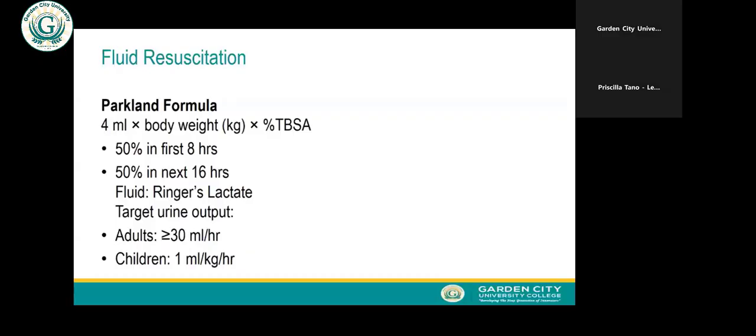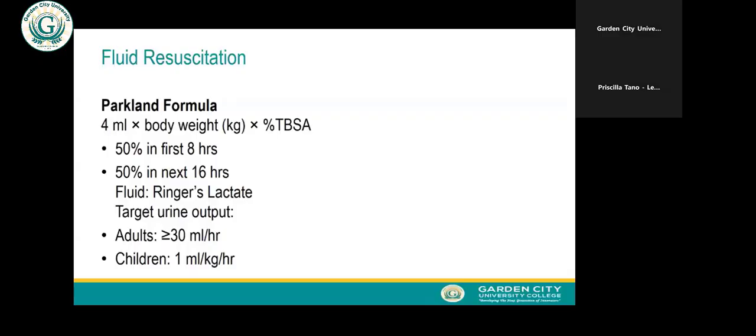So it means that before we can even nurse the patient, we should be able to know the percentage of TBSA. Of course, there's burns, and we've learned that, we know that we have to calculate for patients what? The percentage of burns. So without it, how can we nurse the patient?